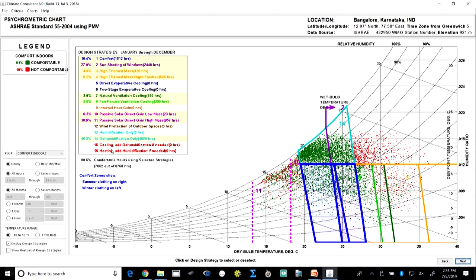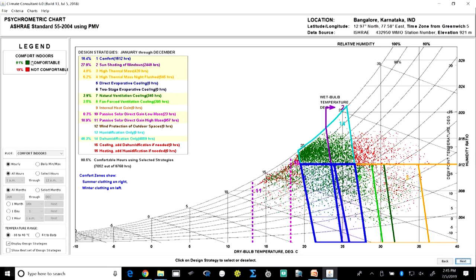And here if I add only humidification, there is no change. So, there is no humidification needed because it is anyways quite a humid climate, and if I add cooling along with dehumidification, it may not really serve the purpose. So, I can see that with these strategies I can bring in about 81% of the hours in an entire year as comfortable.